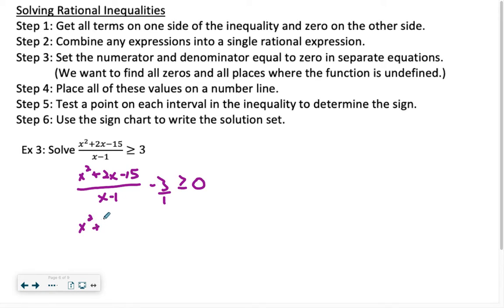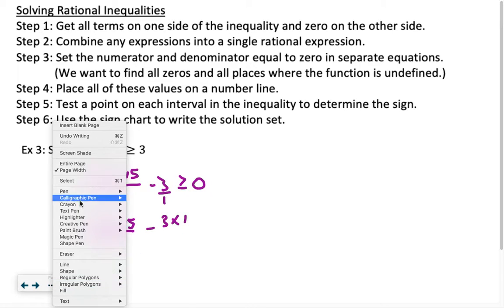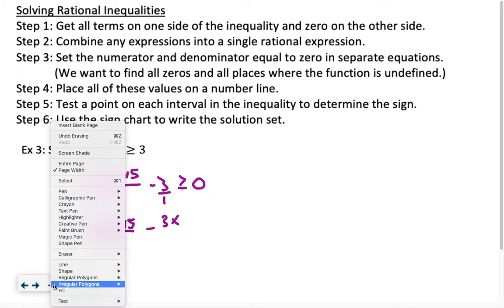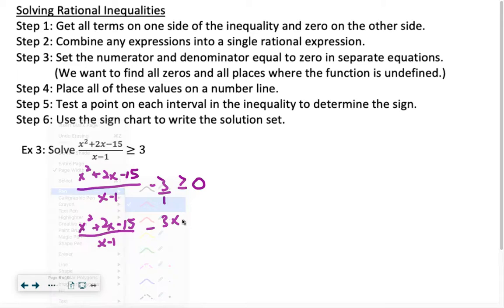When I do that, if I multiply times x minus 1 and x minus 1, I'll have 3x minus 3 in my numerator, and then just x minus 1 in the denominator.